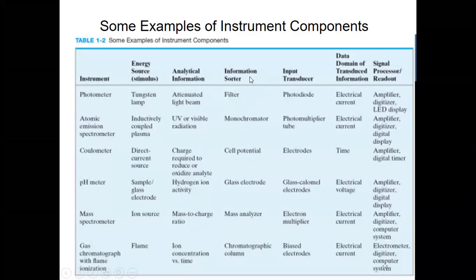To sort information, there are filters, monochromators. We all know monochromators, and cell potential, chromatographic, whatever. All these things happen. The same thing happens in every instrument, the only difference is the part we do is a little different, but in general, each and every instrument is doing the same thing, right?